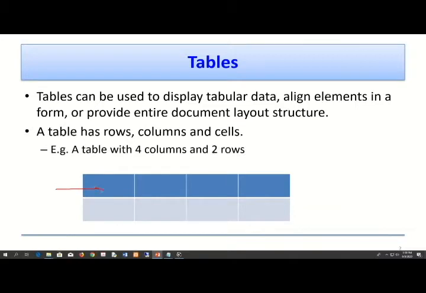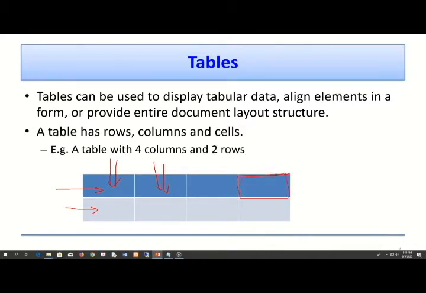This is called row number 1, and this is called row number 2. These are called rows, and these are called columns. Here we have 4 columns. By using rows and columns, these boxes are formed, and we call each one a cell.